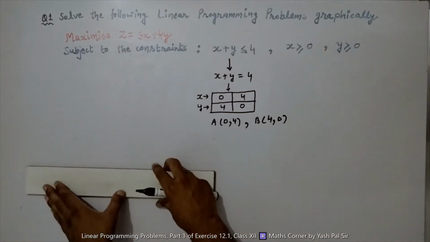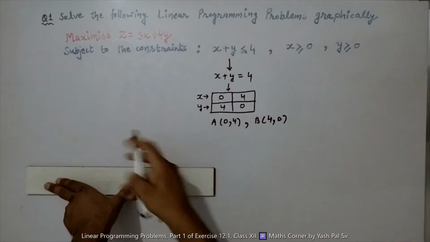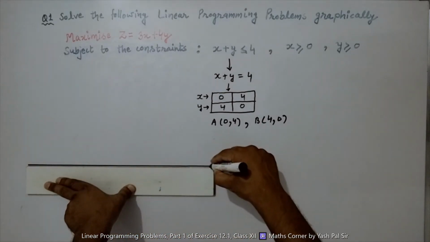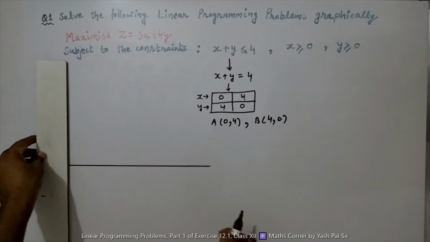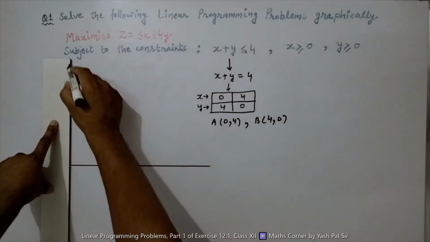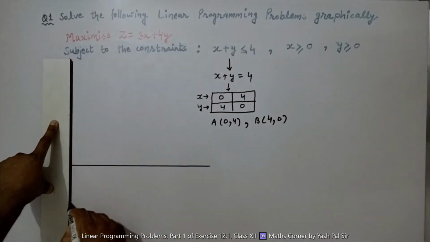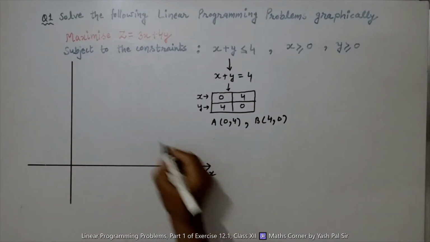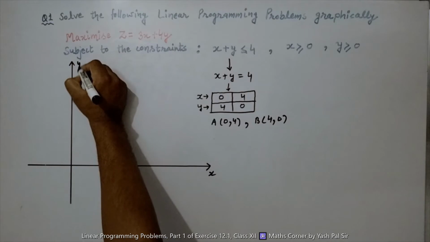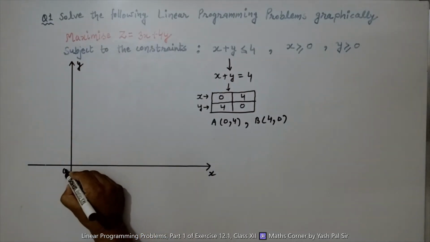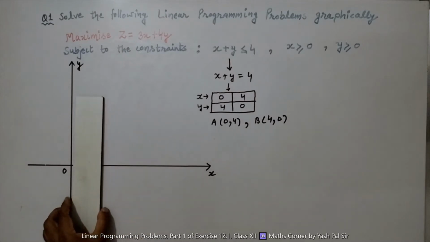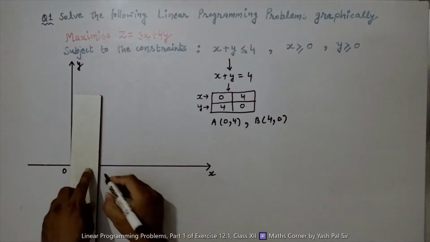So now we draw the two-dimensional plane. This is the x-axis, and this is the y-axis, with the origin, right? Now we have to make equal parts.